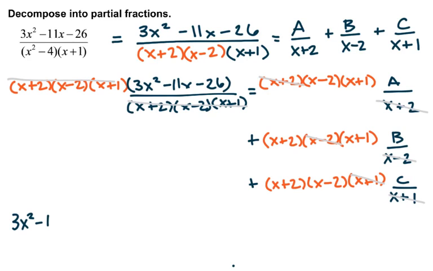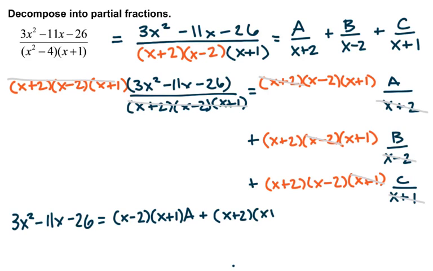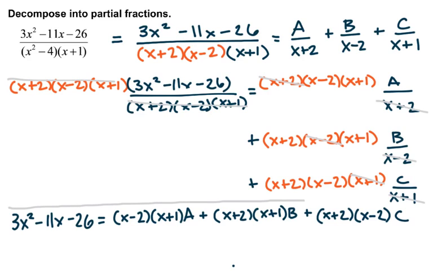So 3x squared minus 11x minus 26 equals (x minus 2)(x plus 1)A plus (x plus 2)(x plus 1)B plus (x plus 2)(x minus 2)C. So I would encourage you to pause the video real quick and make sure you understand how multiplying by the LCD gave me this expression down here.